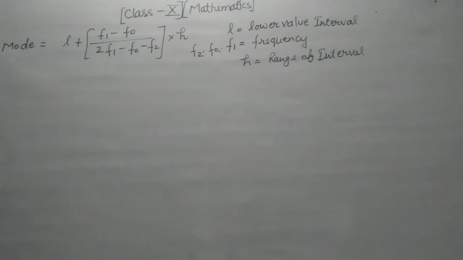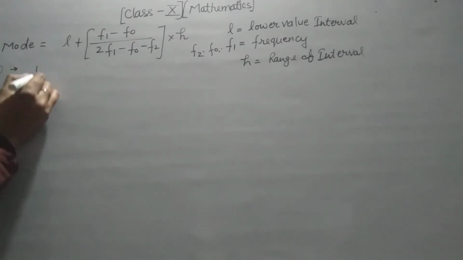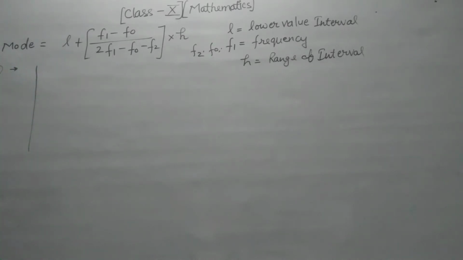We will explain these things with the help of a question. So we do question 1 here. I read this question: the following table shows the age of the patients admitted in the hospital during a year.